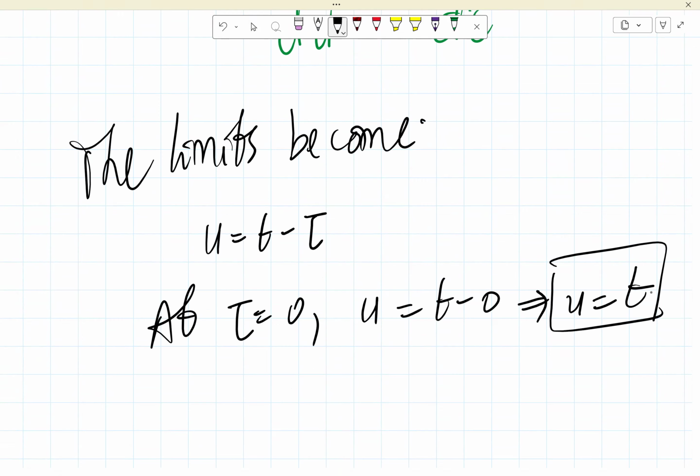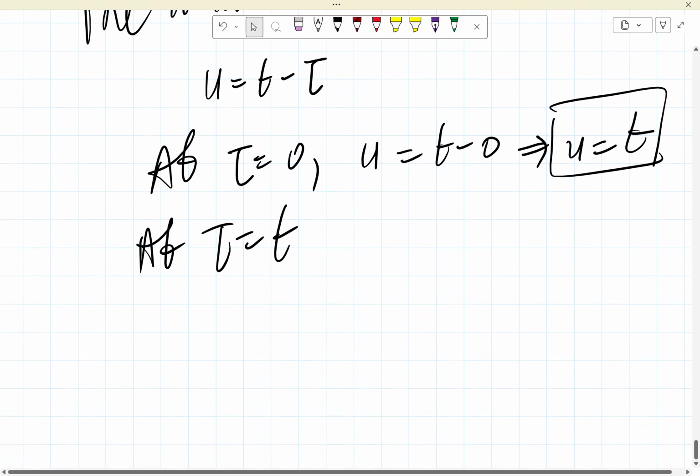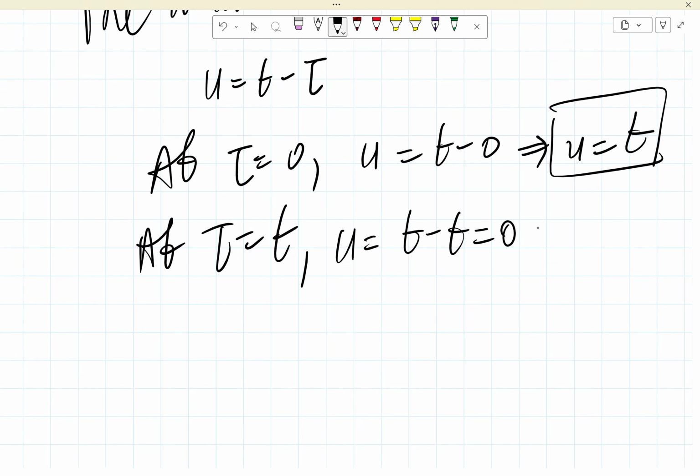On the other hand, at tau equals t, u is equal to t minus t, which is 0. That implies that u is equal to 0. So we have a reversal.